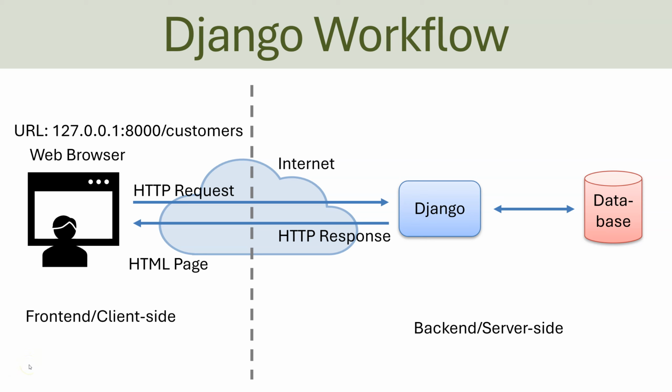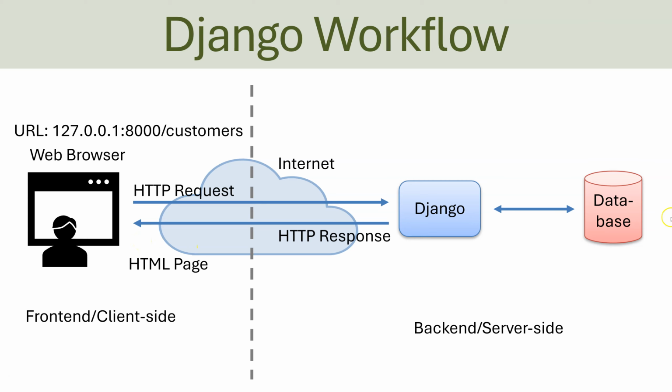Here you see a sketch of the Django workflow. So typically you sit here in your web browser on your client, and then you enter a URL like this, and then basically you send an HTTP request to the Django web server, and typically that one connects and communicates with a database, and then sends data back to the Django framework, and then returns an HTTP response in the form of an HTML web page.